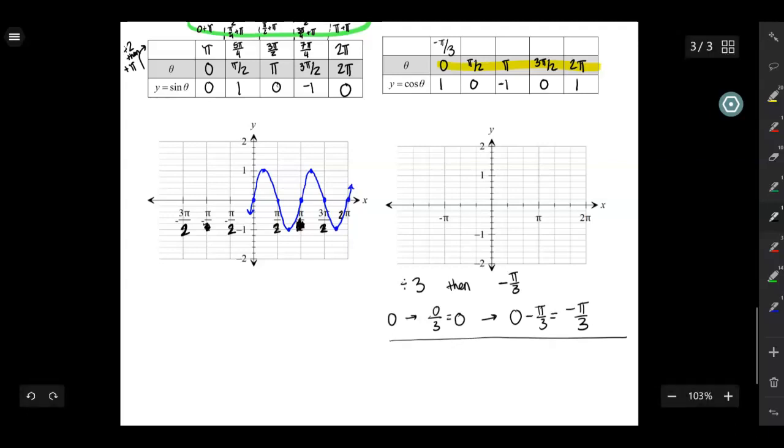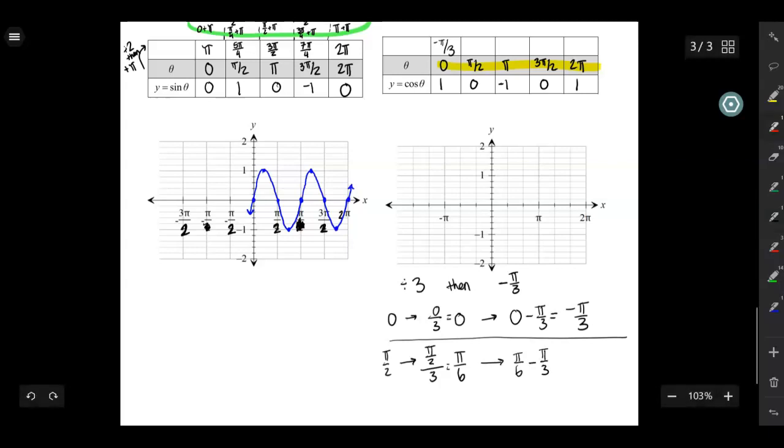I'm going to do the same thing with pi over 2. I'm going to start by dividing it by 3. One shortcut is if you're ever dividing by 3 and you have a fraction, or dividing by any number, you can just multiply the denominators together. So I get pi sixths. Then I'm going to take pi sixths and subtract pi over 3.